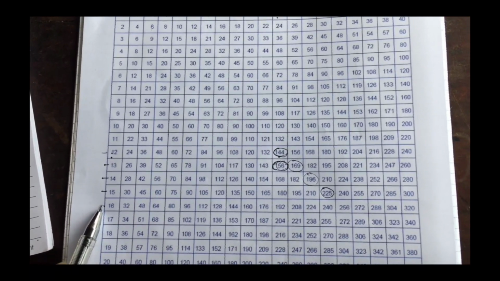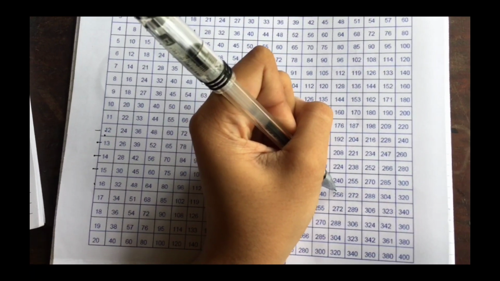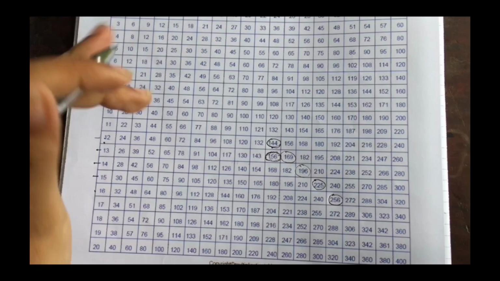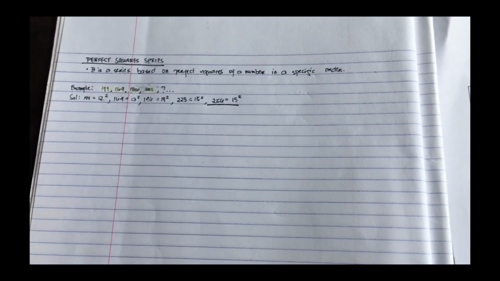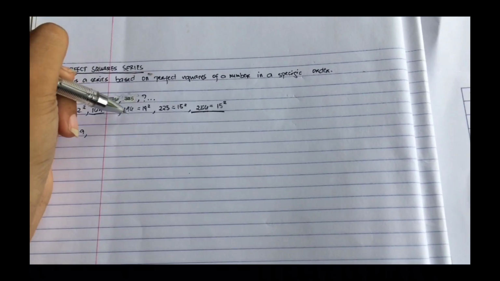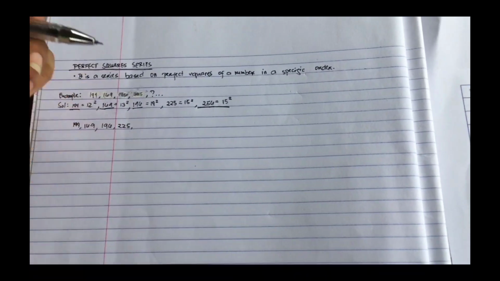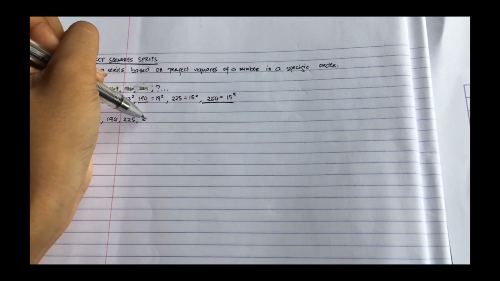So what is the missing perfect square number? So here it is, the 256. To complete the answer in this example, we have 144, 169, 196, 225, and the missing perfect square number is 256.